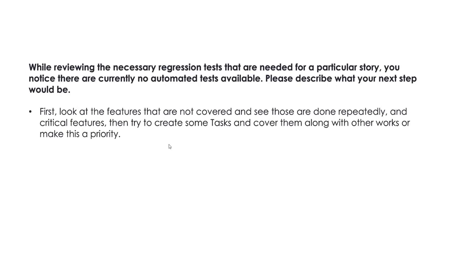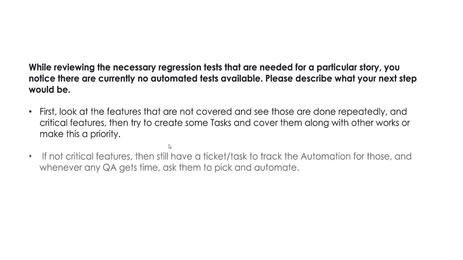If there is no coverage, then later also you can add the tests. For critical features, still have a ticket or task to track automation for those. And whenever any QA gets time, ask them to stop and automate it. Okay. So this is one kind of question.